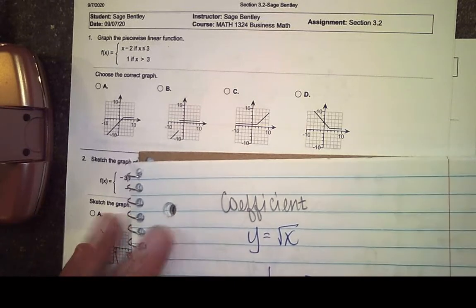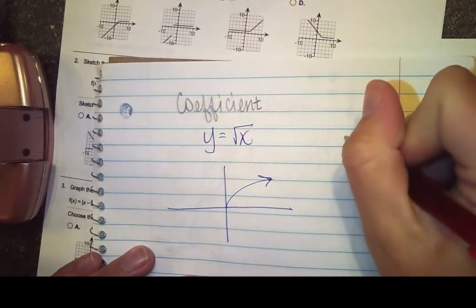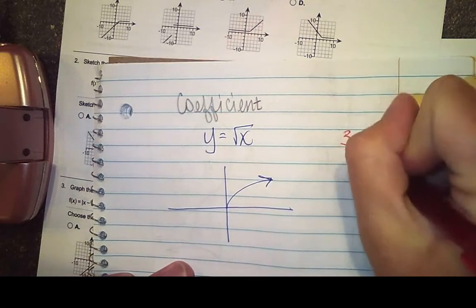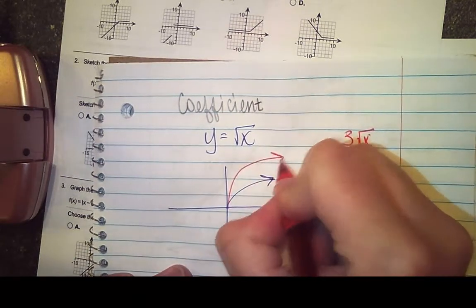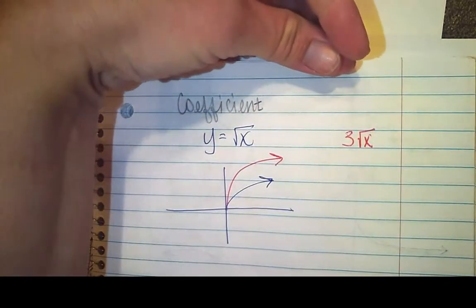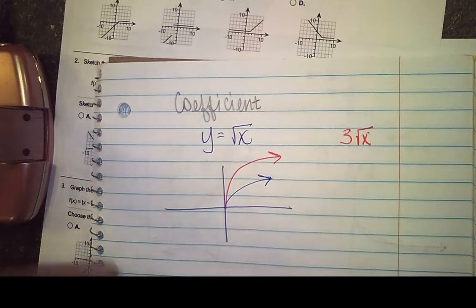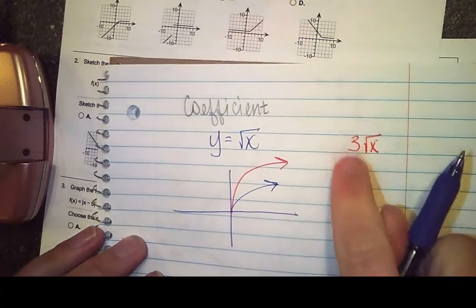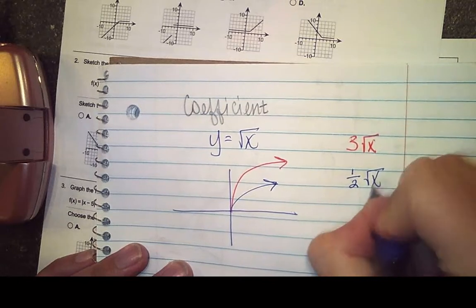So he looks like this, okay? If I give it a coefficient of, let's just say, 3 times the square root of x, that's going to make him really tall that way, so it stretches him vertically, okay? It grabs him and it stretches him up. If I use a fraction here, so let's do 1/2 times the square root of x.